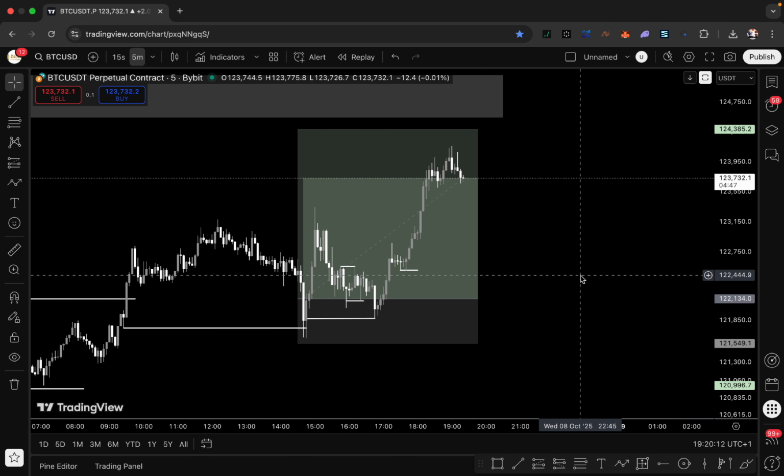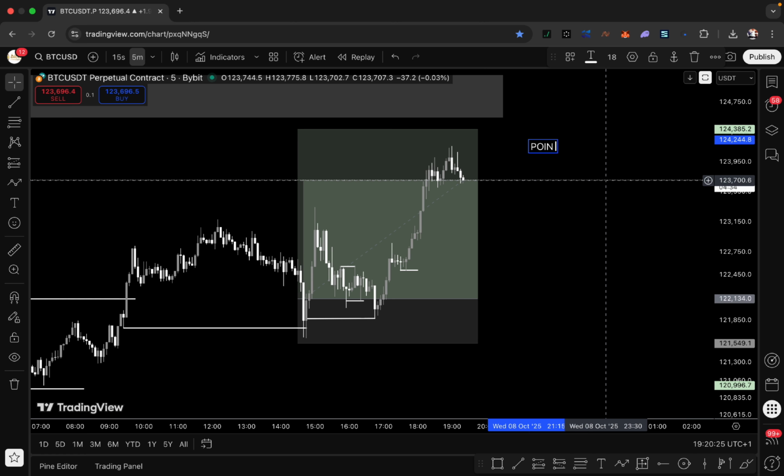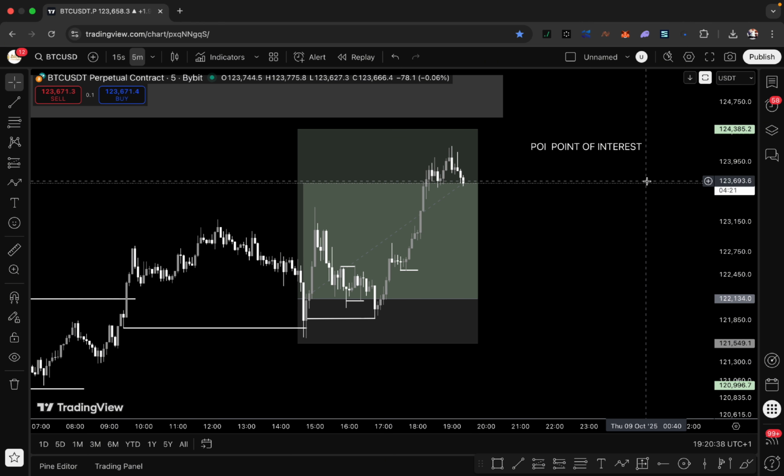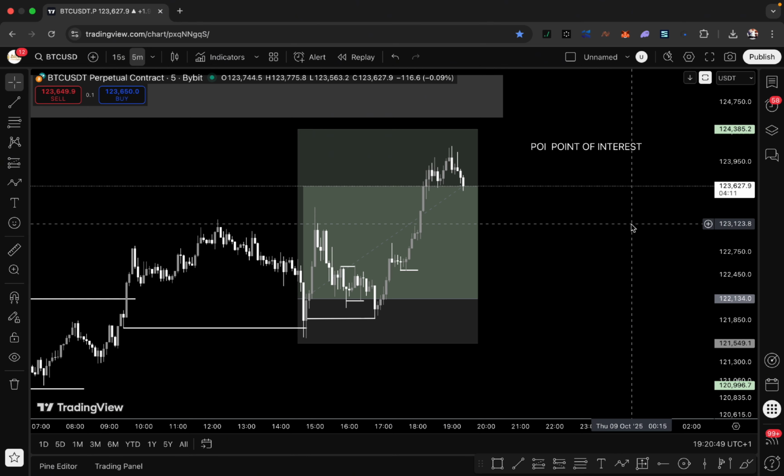First of all, what's a POI? It varies on what kind of trader you are. For most people, a POI, which stands for point of interest, could be breaker blocks, it could be an order block, it could be a violation range.